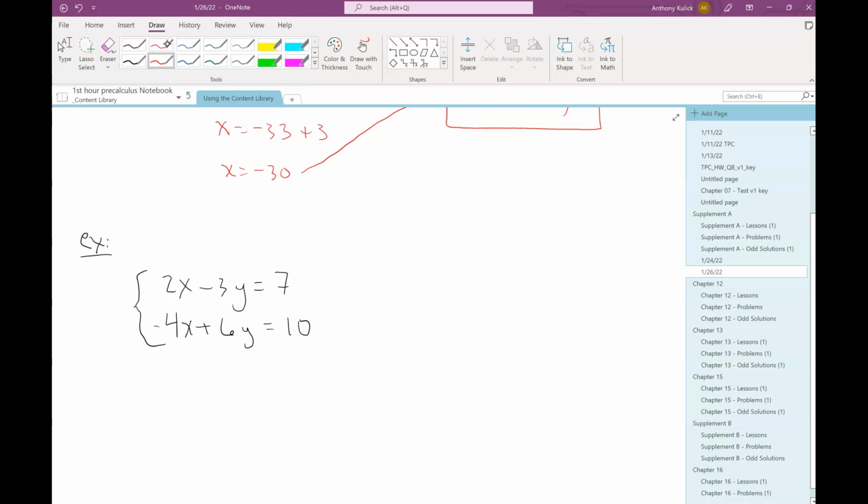Since for all of them I'm going to have to divide and be left with a fractional coefficient somewhere. So I would just say I'm going to get the x by itself from equation 1. So I'll add the 3y over and then divide by the 2.